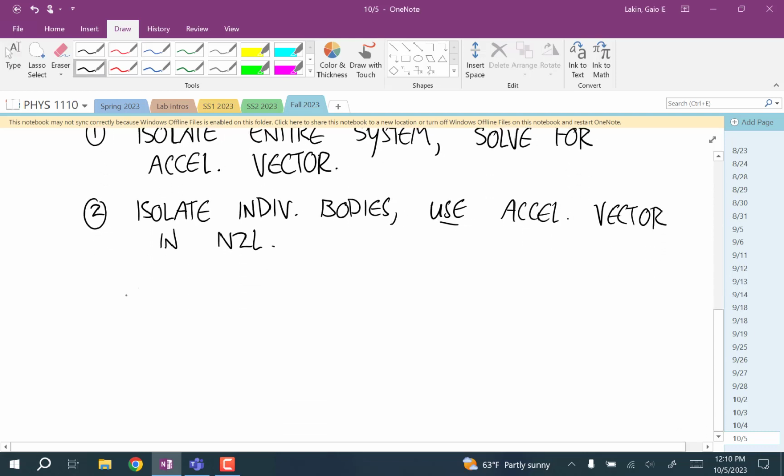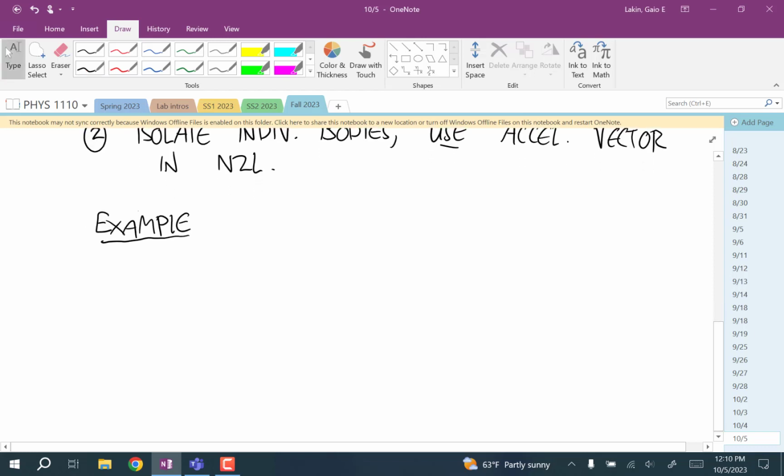Okay, so here's an example. Let's say that you have two rolling carts in contact with each other. This one's 5 kilograms, and this one's 10 kilograms.